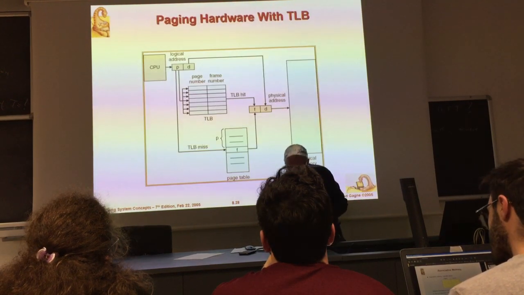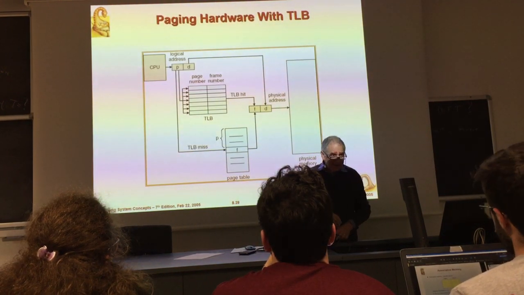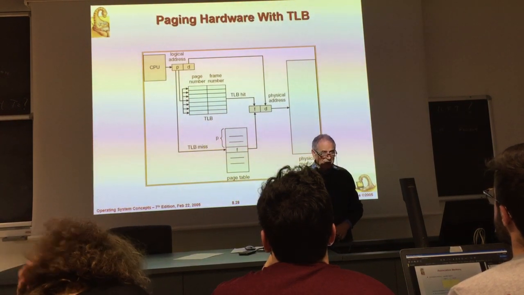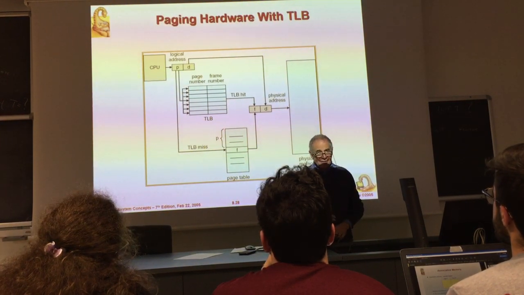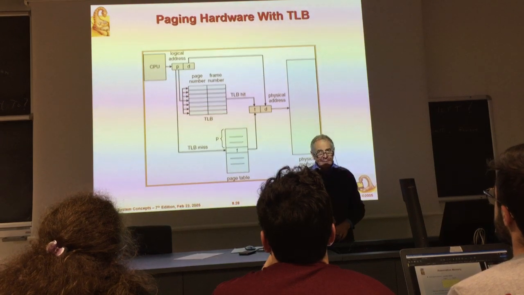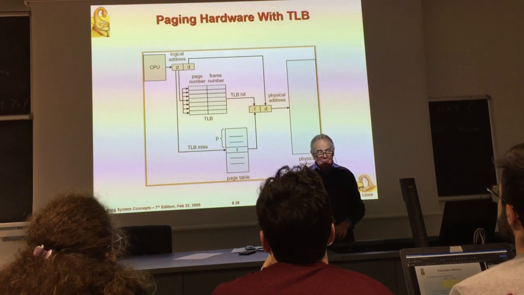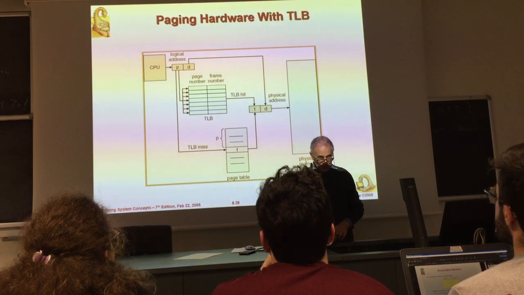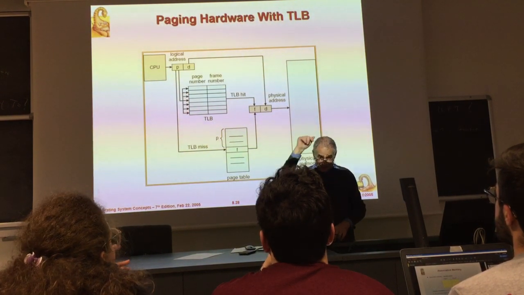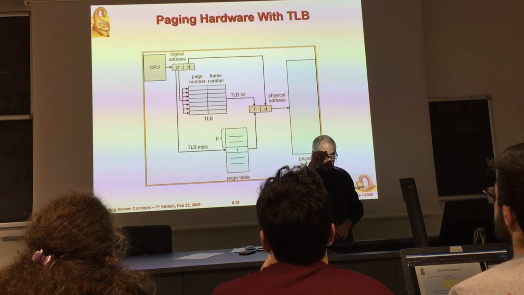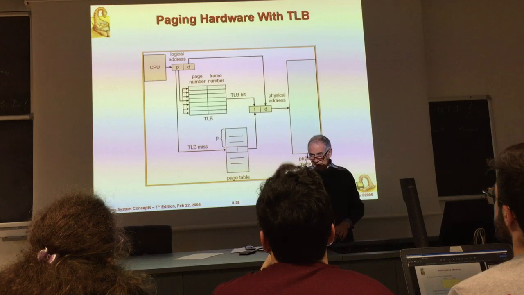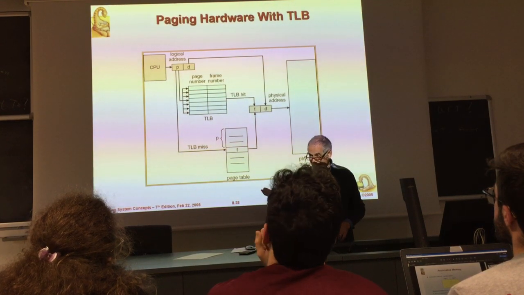So, in the TLB, the trick is this. Logically it is an associative memory, but practically it is implemented in this way. If you look for page P, you look at a specific location of the TLB, not at every possible entry.